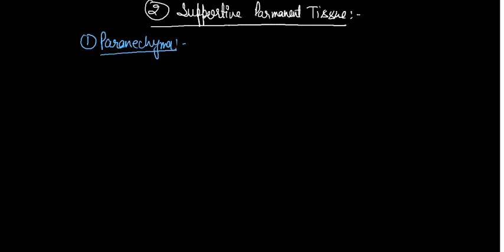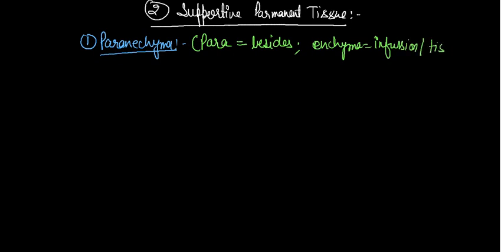The first thing that comes to mind is their name. Para means beside, and enchyma means infusion or tissue. Before starting, I told you some more names for the parenchyma tissue.